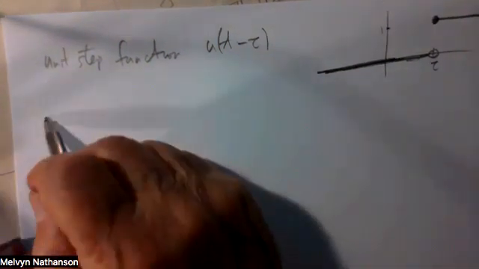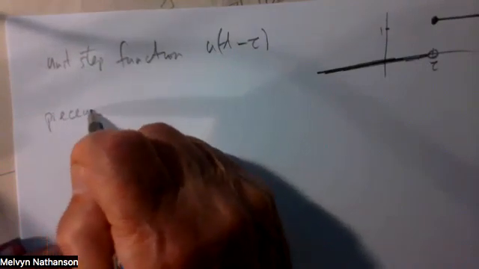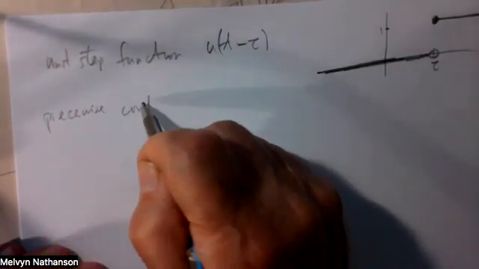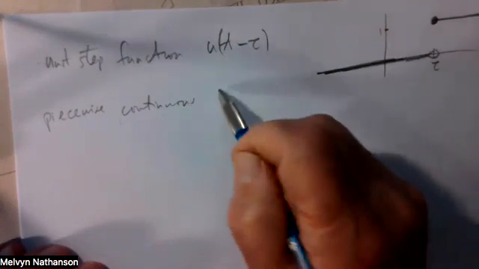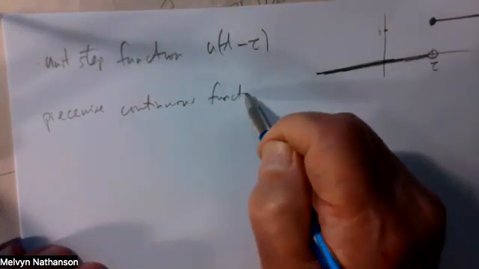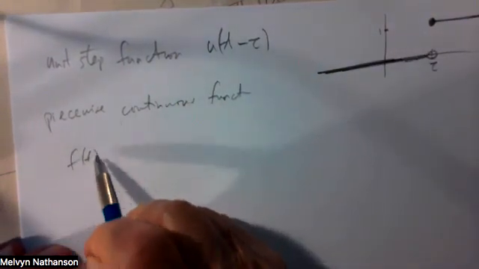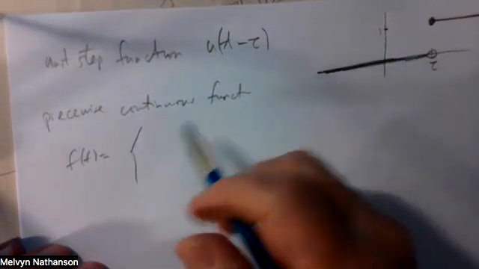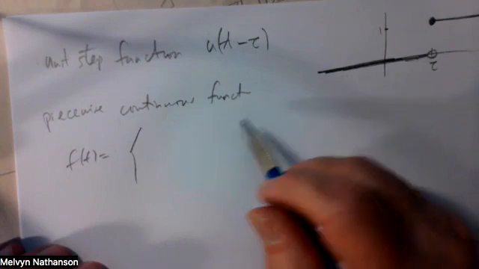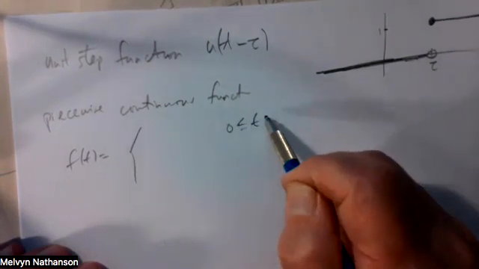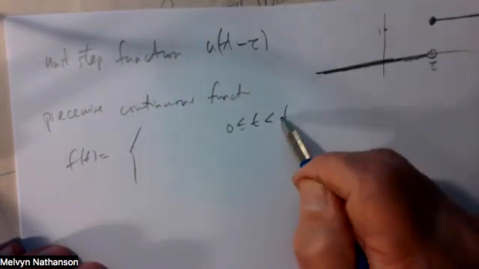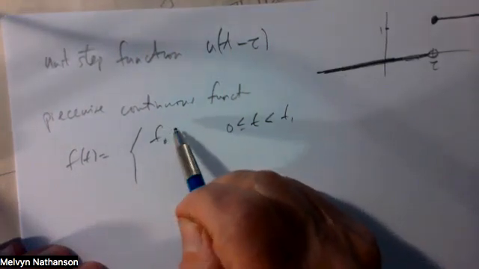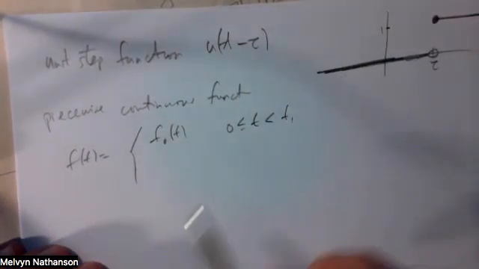And suppose we have a piecewise continuous function, f of t, which has a jump discontinuity at t1. So for t between 0 and t1, it's equal to some function f naught of t.